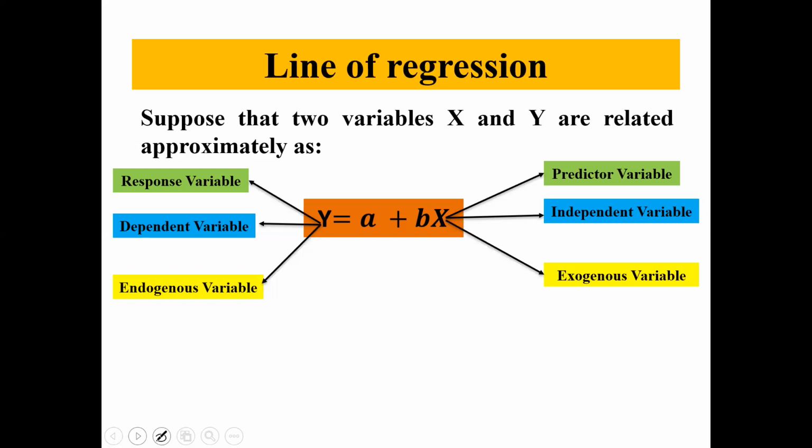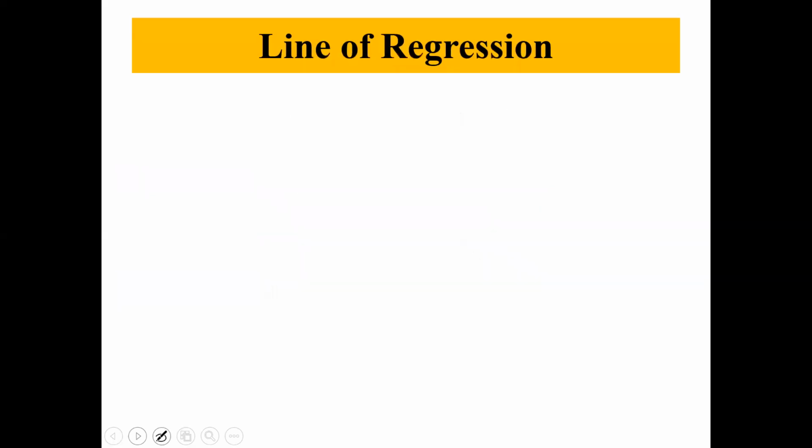In this case, x is also called an explanatory variable. So this is basic information about the regression line y equal to a plus bx.